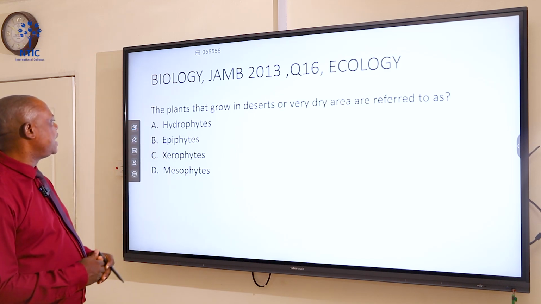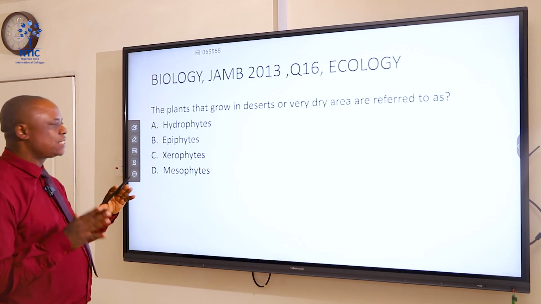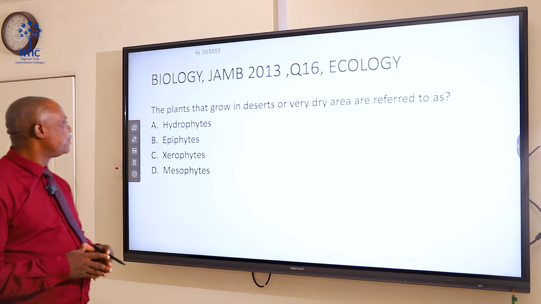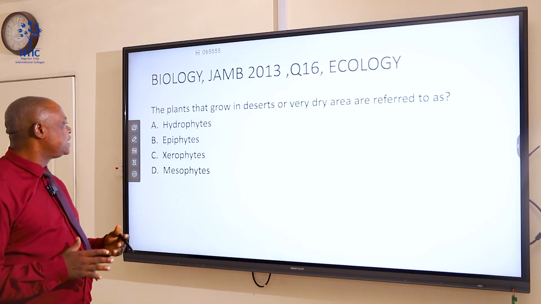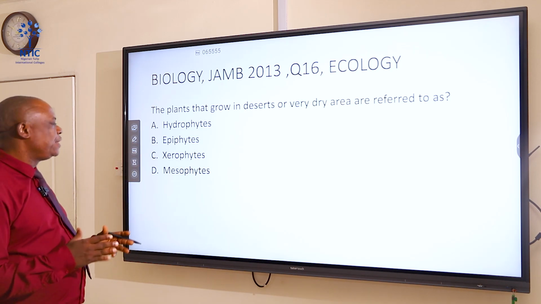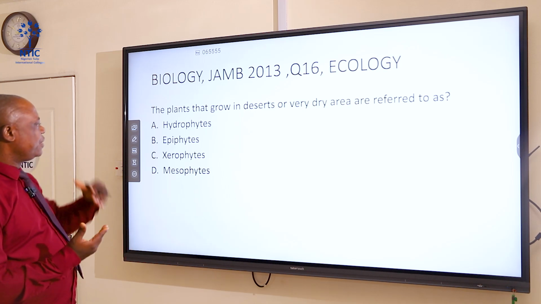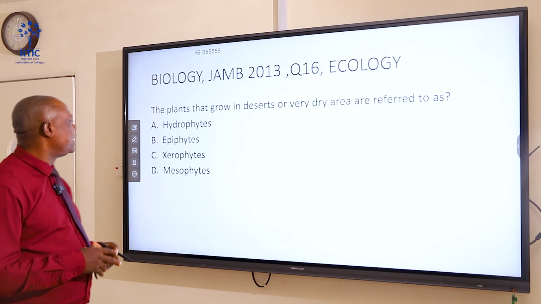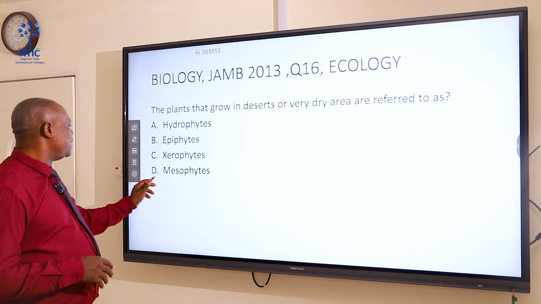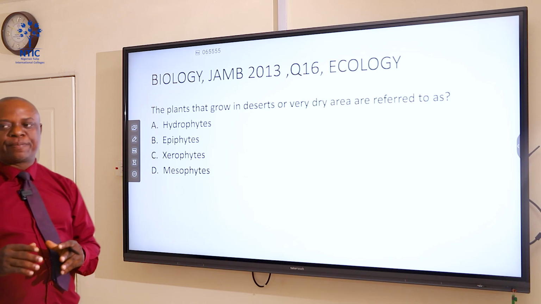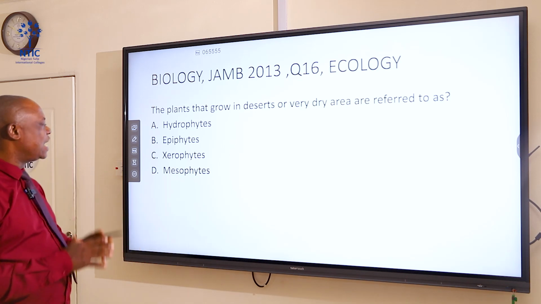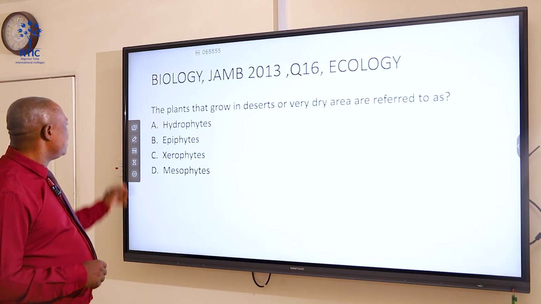Here you have hydrophytes. Those are the ones that grow in water-rich area. You have the epiphytes, those that you see growing, relaxing or supporting themselves on other plants. Then you have the mesophytes, the ones growing in area not too waterlogged and not too dry.